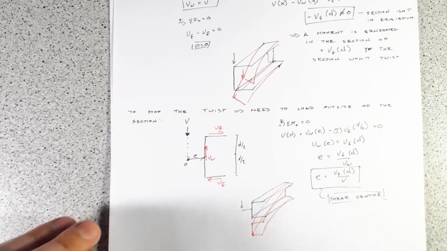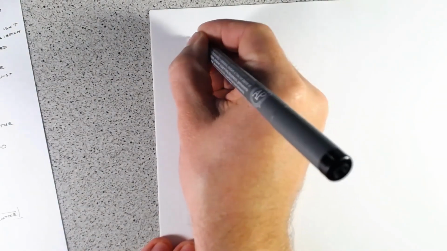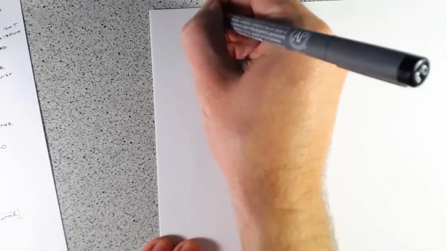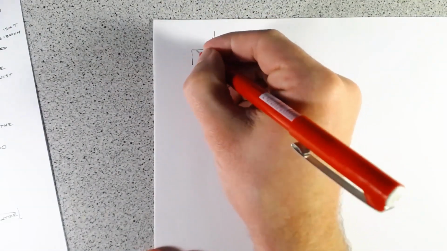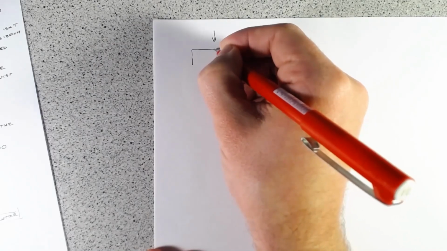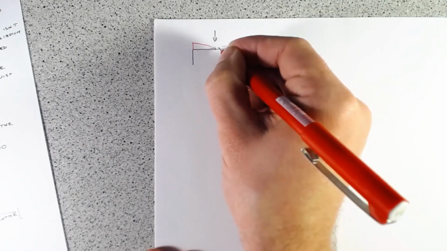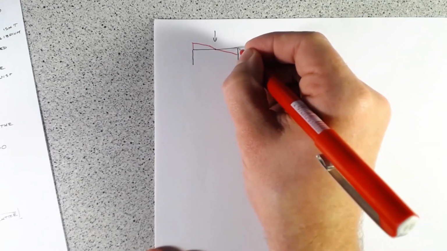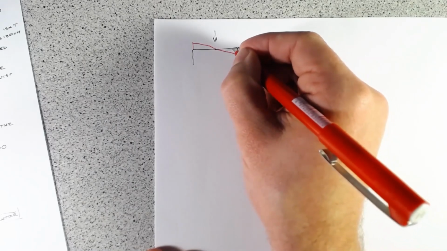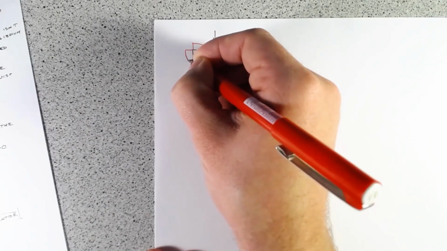Now, what's interesting, if we look at the channel and we turn the channel on its side, and we draw what our shear flow distribution is going to look like. Well, it looks very similar to half of what the box section is, but we have to come back down to 0.